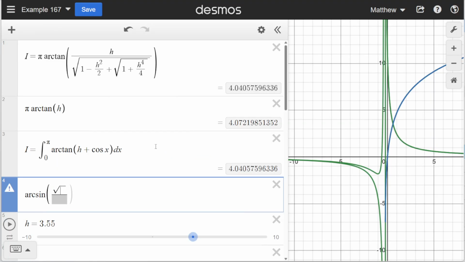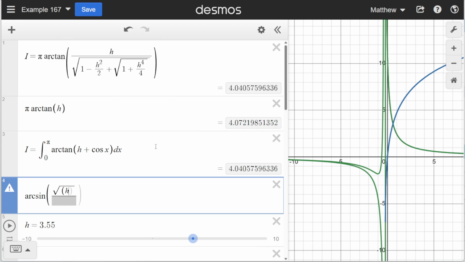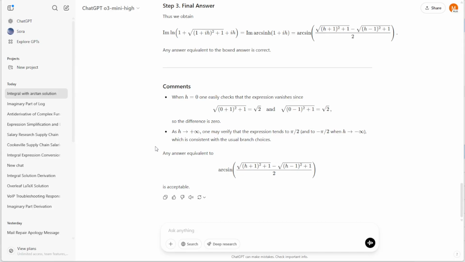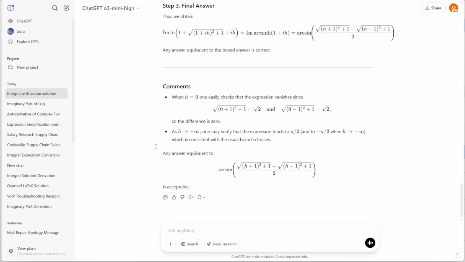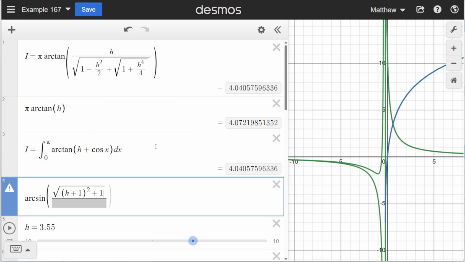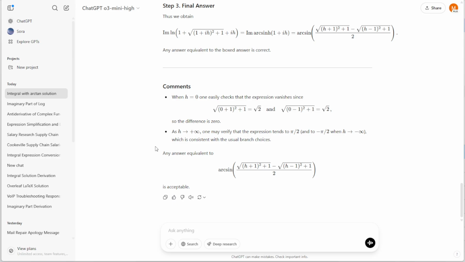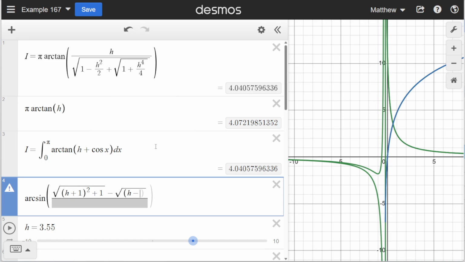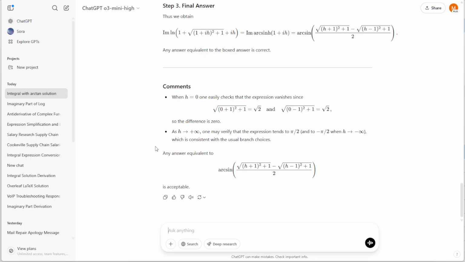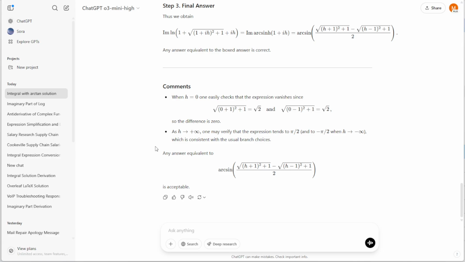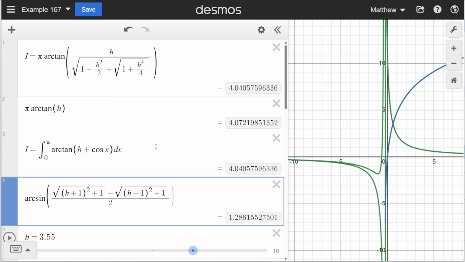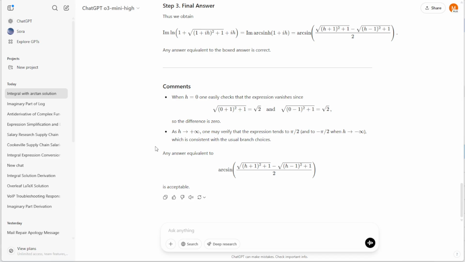The first one is the square root of h plus 1 squared plus 1, minus the square root of h minus 1 squared plus 1, and then over 2. No, that's incorrect. Let me make sure I put it in there correctly. Yeah. All right, good. I was hoping it would get it wrong.